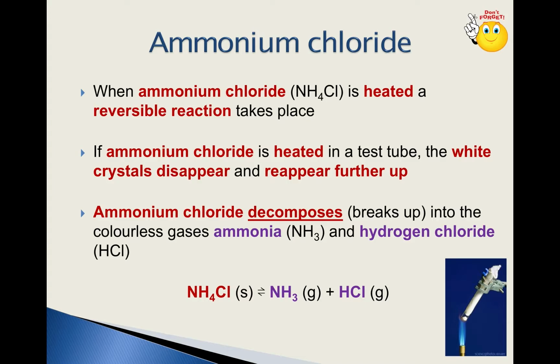So ammonium chloride decomposes when it's heated strongly into two colourless gases, ammonia and hydrogen chloride. So at the bottom of the test tube, you've got the ammonium chloride, the NH4Cl. When you heat it strongly with the Bunsen burner, it decomposes into ammonia and hydrogen chloride, giving us that colourless gap that we can see at the bottom of that test tube. So that colourless gap is a mixture of the two gases, ammonia and hydrogen chloride.